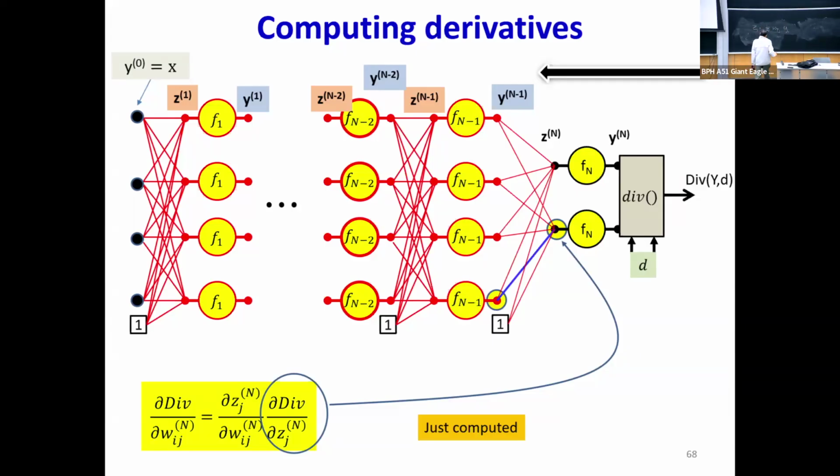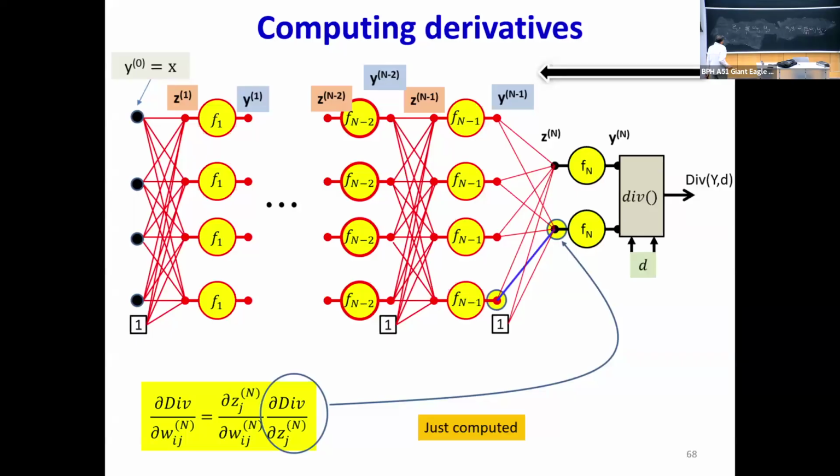But let me pull out one term, because I'm interested in a specific wij. So I can write this as wij yi plus the summation over i prime not equal to i of wi'j yi', meaning I'm isolating the one term whose derivative I'm interested in, and the rest of them do not involve wij.